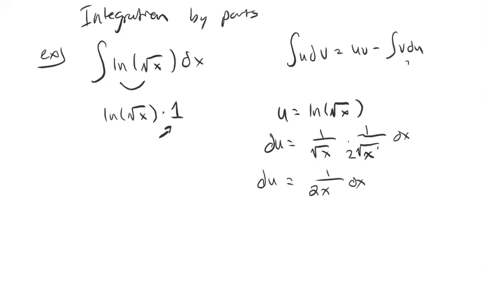Okay. Now, we need the other part of it. So we need dv, but that just ends up being 1 dx because that's kind of what's hiding out here. So that tells us that v is just x. So let's roll with this. Let's see where this goes.